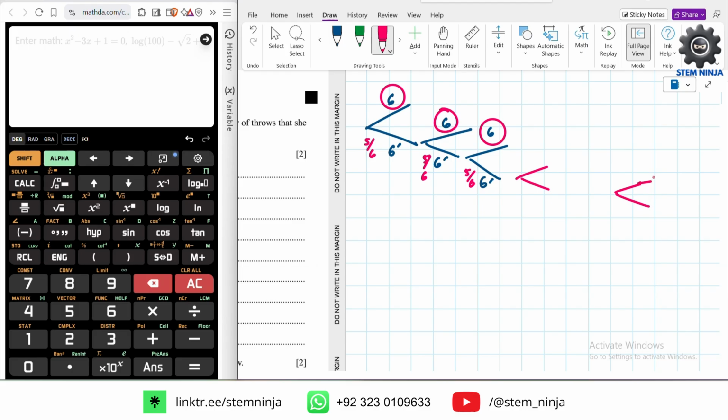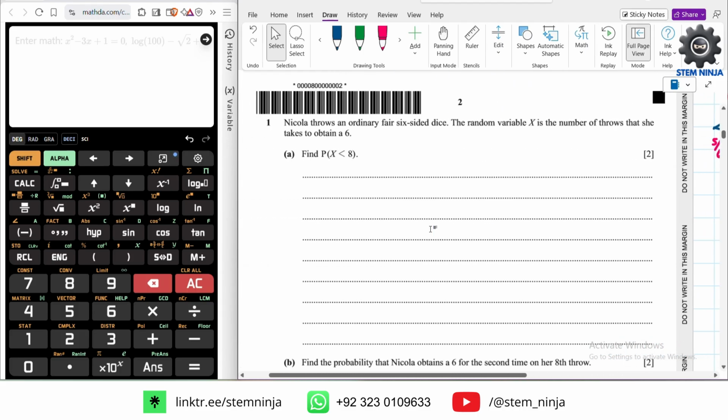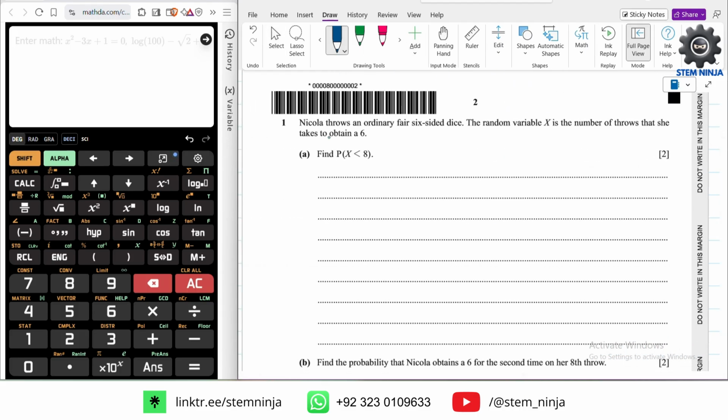Less than 8 means less than or equal to 7. So basically it's the sum of, actually we can write it like the probability of x equals x, from x equals 1 up till 7.